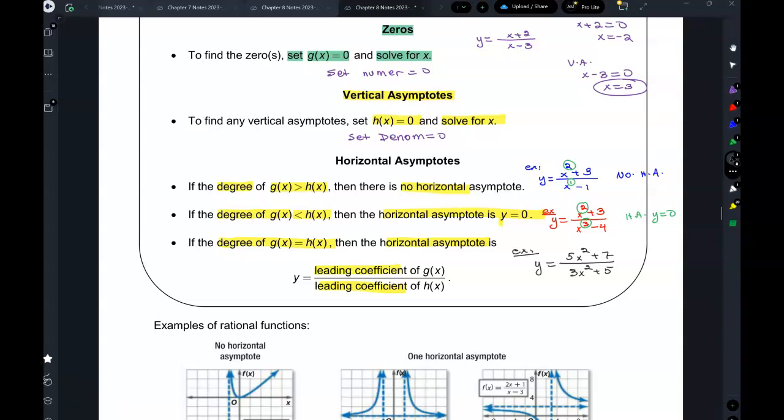All right. So look at this. They have the same degree, right? So the horizontal asymptote will just be the coefficient over the coefficient. So it would be y equals 5 over 3, the simplified coefficient.